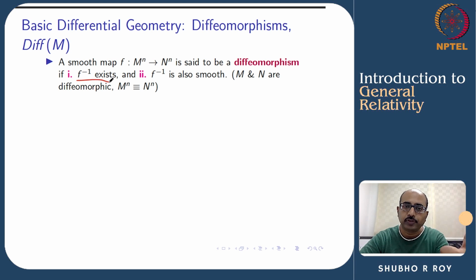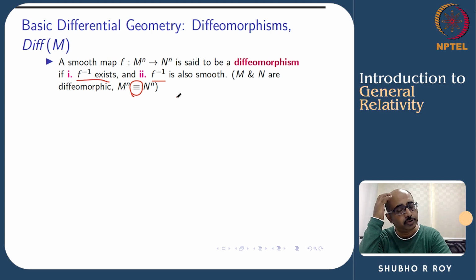Condition 1, inverse exists, and secondly, the inverse is also smooth. Okay, both F and F inverse are smooth. If this is so, then M and N are said to be diffeomorphic to each other, and the fact that they are diffeomorphic to each other is denoted by this equivalence symbol. M equivalent to N.